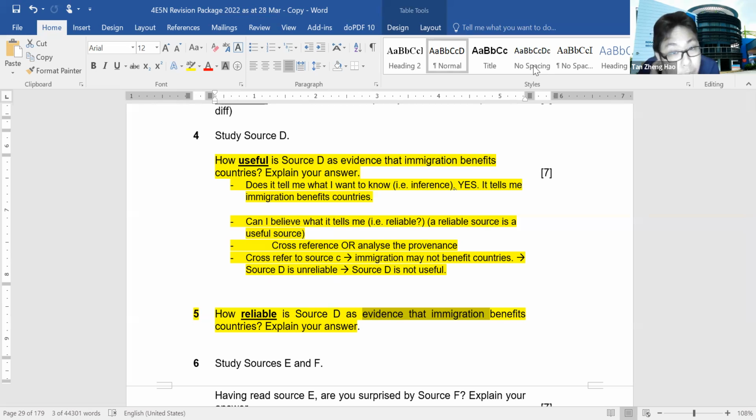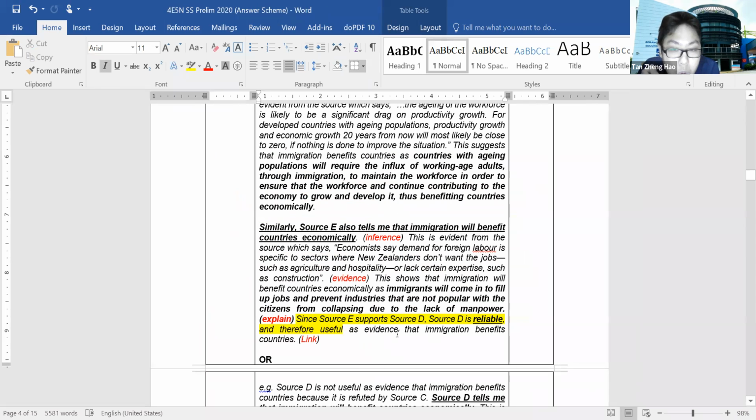If I show you the template real quick, okay. If I do a reliability question, you will realize that instead of saying all these things, I will not need to say this last part. If it's a reliability question, I won't need to include the useful part, obviously. I'll just need to say the cross-reference is support, therefore it's reliable, full stop.